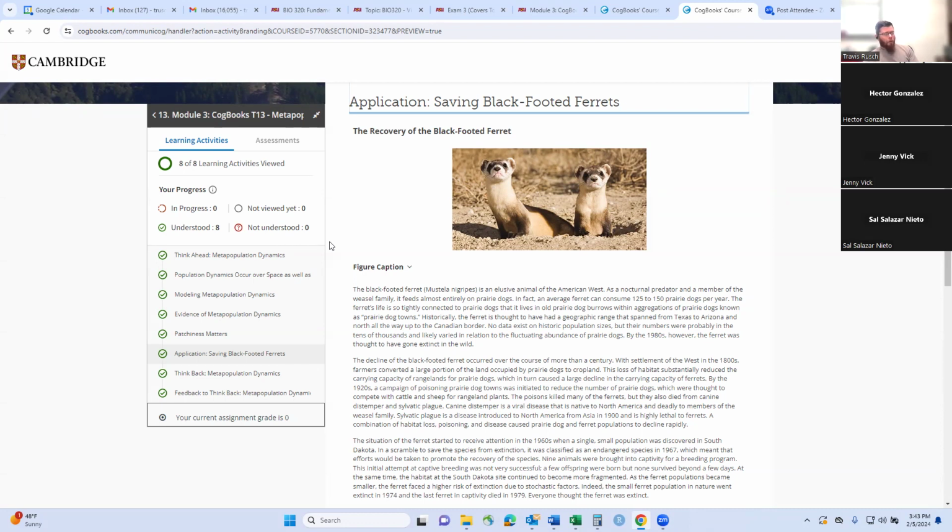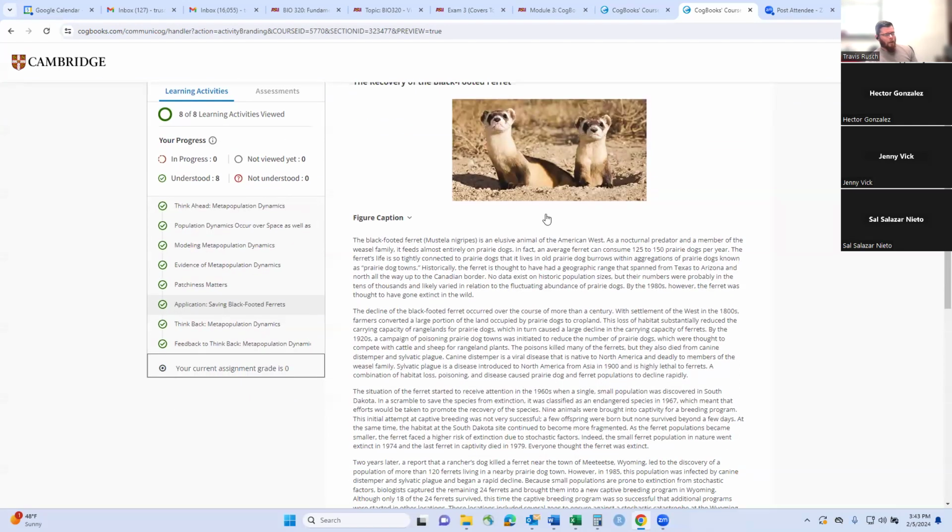If the black-footed ferret is brought up in the exam, conceptually, what were they looking for, and what was the application in this unit? It's an evidence of metapopulations and the rescue effect, of how they were able to use population cycles to save the black-footed ferret. So that's in a nutshell what the application was here.